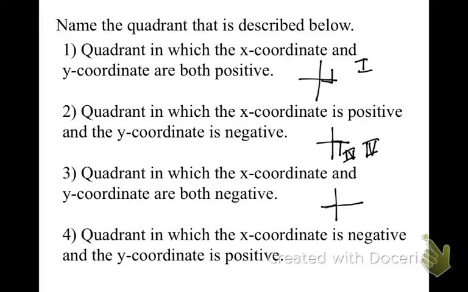So I'm going negative and then negative. That would take me to quadrant 3. The quadrant in which the x-coordinate is negative and y is positive takes me to quadrant 2. Okay, let's move on.